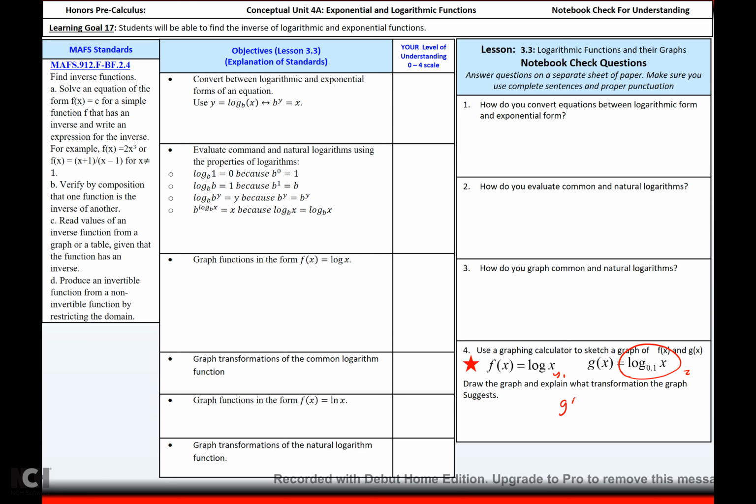To type g function in, you would do log x divided by, and I would put these in parentheses, log 0.1. Type that in for y2, that in for y1, and I want you to decide and look at y. This is base 10, this is base 0.1, which is part of 10, yeah? Alright, so just explore that and give me your thoughts.